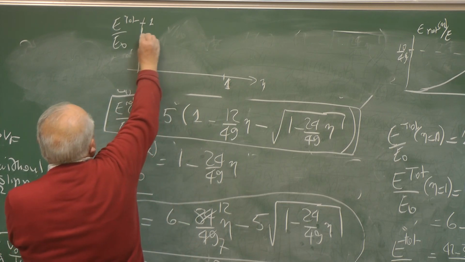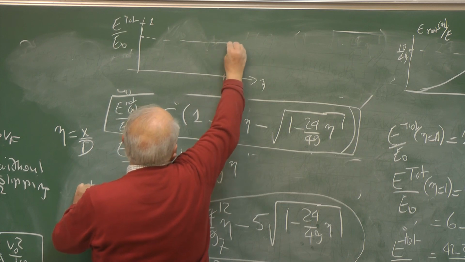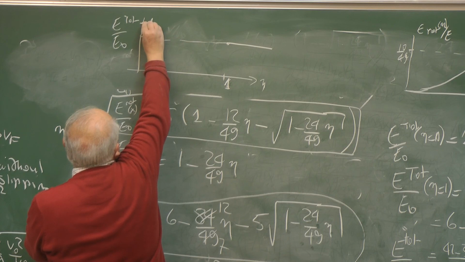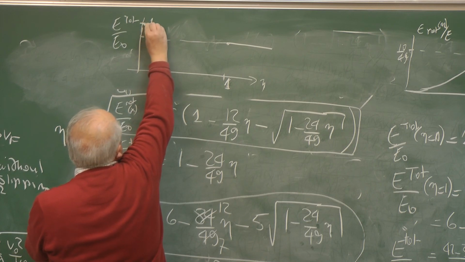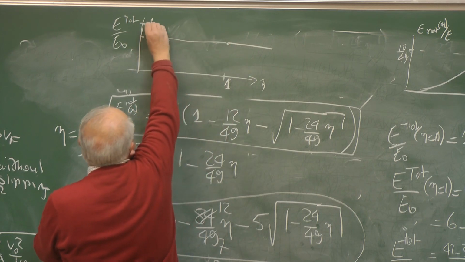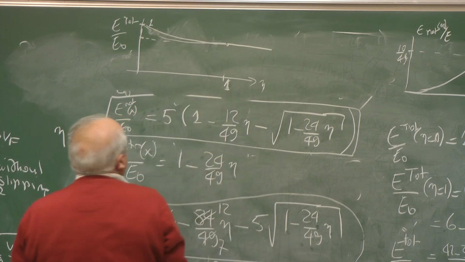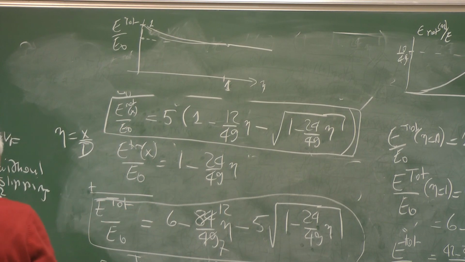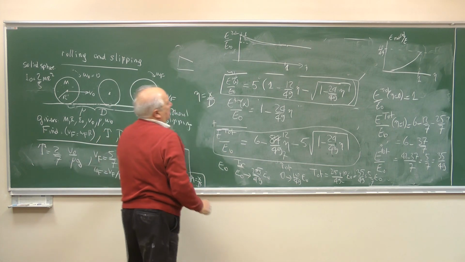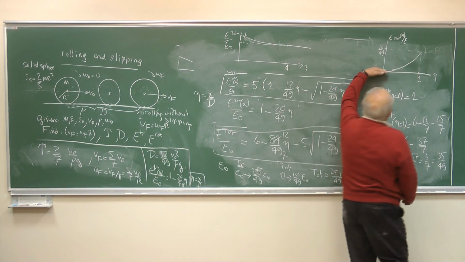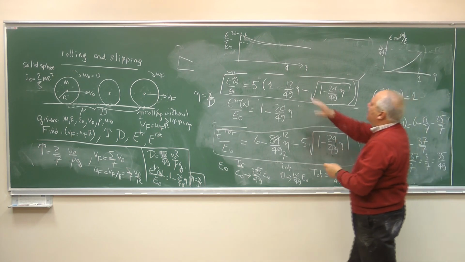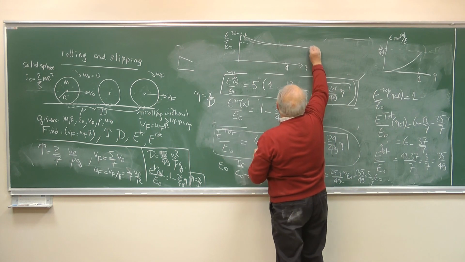So it is perhaps somewhere here. Here it will remain constant. It will first go down linearly and then taper off like this. So translational mode energy goes down linearly. Rotational motion energy starts very slowly and then picks up. And this is the total energy that goes to 5 over 7.